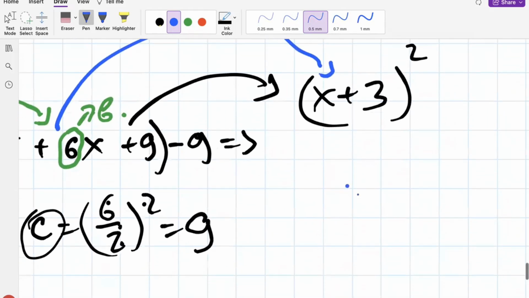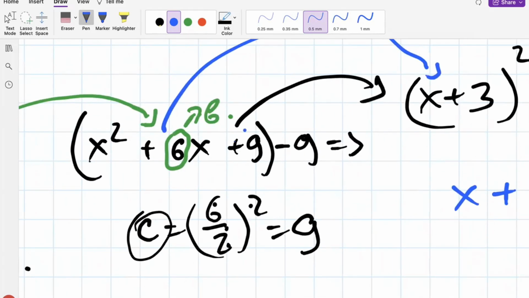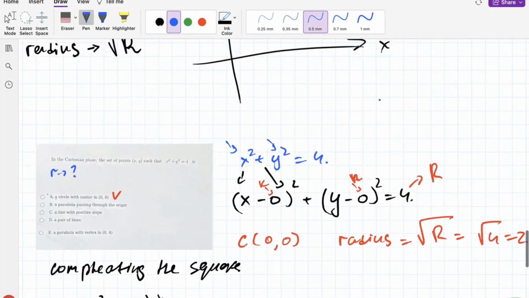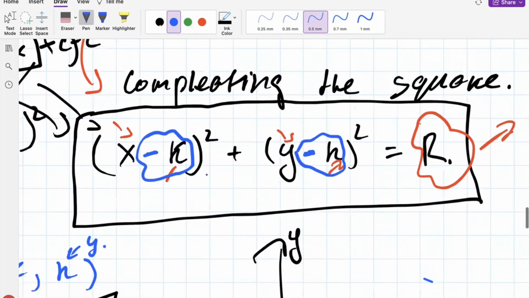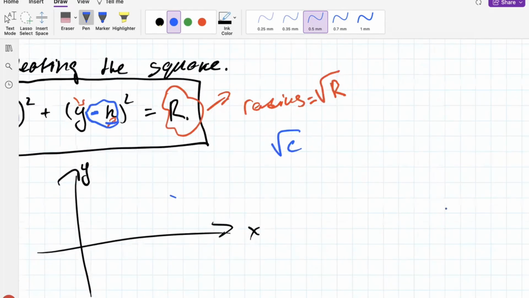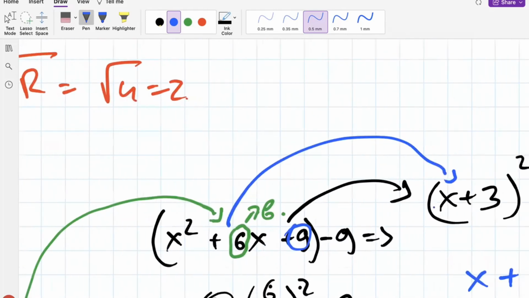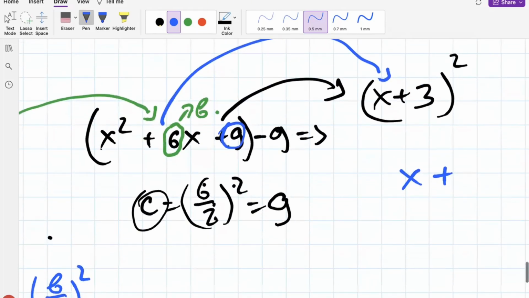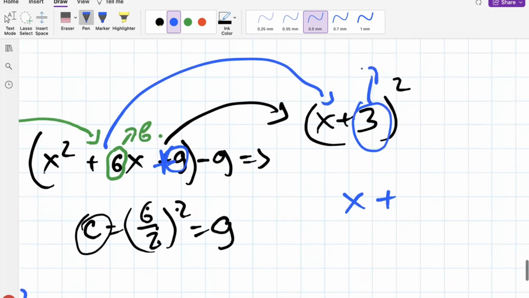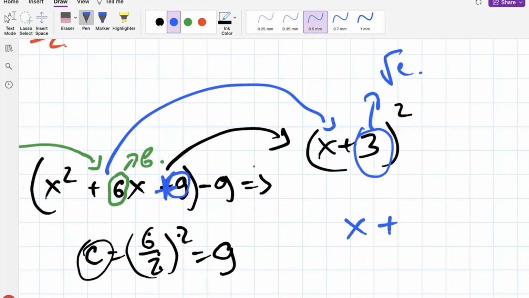Basically, you just have to write the square, and you have to add the square root of C. So, in the general form, this number k and this number h is basically the square root of C. So in this case, look, your C was 9, so this number here will be the square root of C. And the square root of 9 is 3.